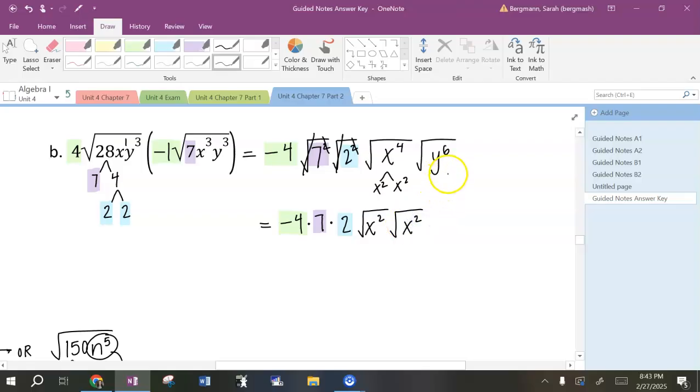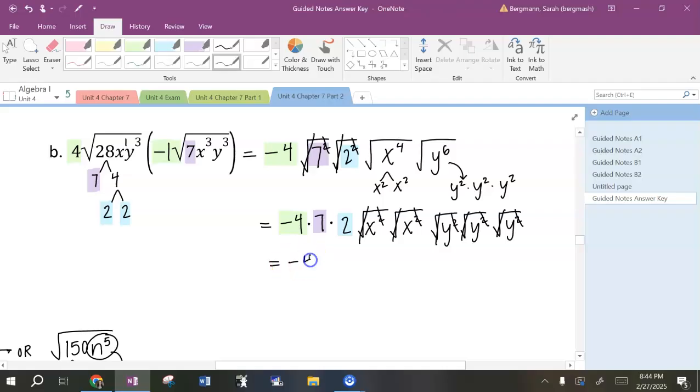With y to the sixth, I know I could make that y squared, y squared, y squared, and that would make y to the sixth. There wouldn't be anything left over. Now go ahead and cancel out any perfect squares with its square root. And actually what happens on this problem is that all my square roots are all canceled out.